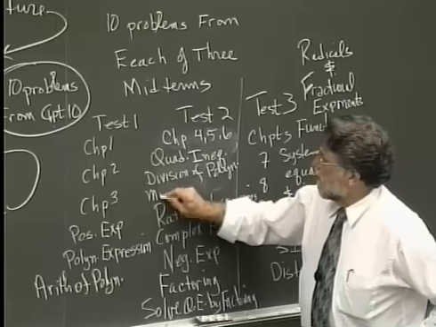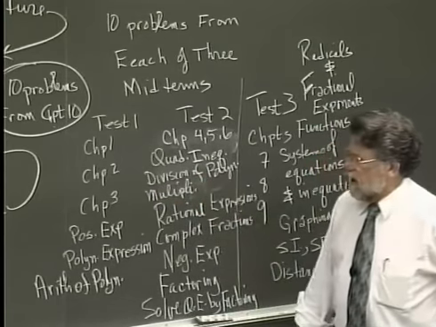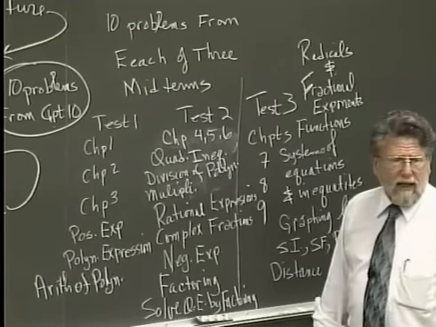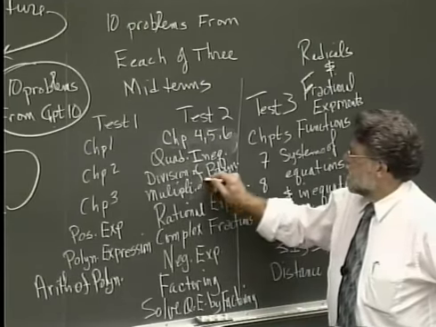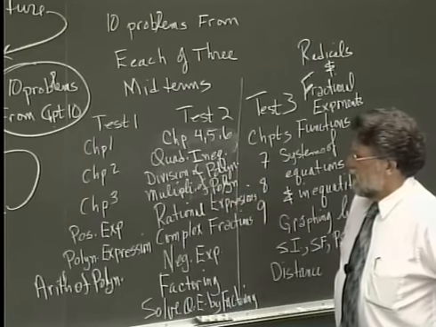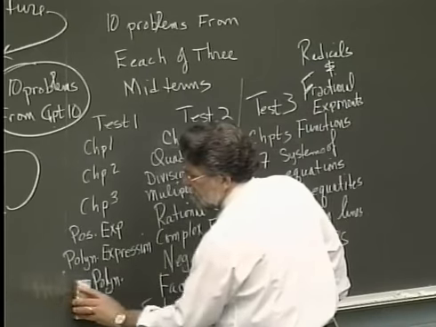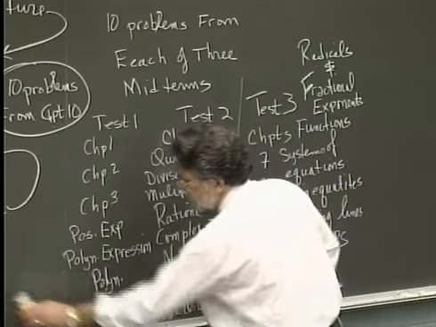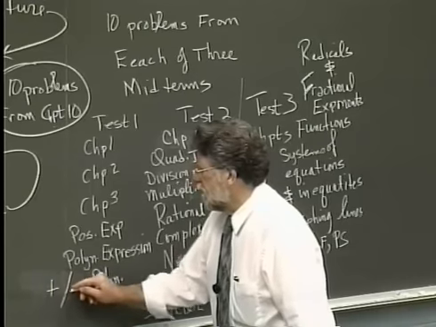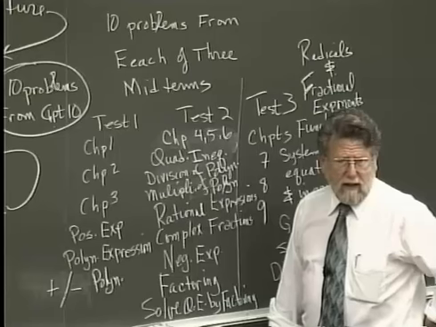So in essence, we limited ourselves in the first 3 chapters to just addition and subtraction. So down here, I want to say plus and minus: just adding and subtracting of polynomials in that first test.